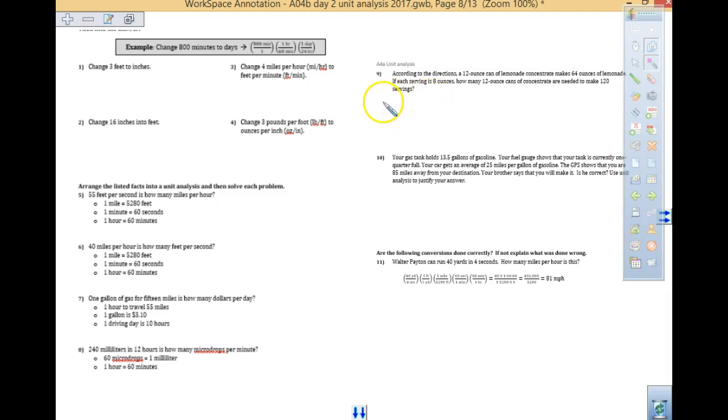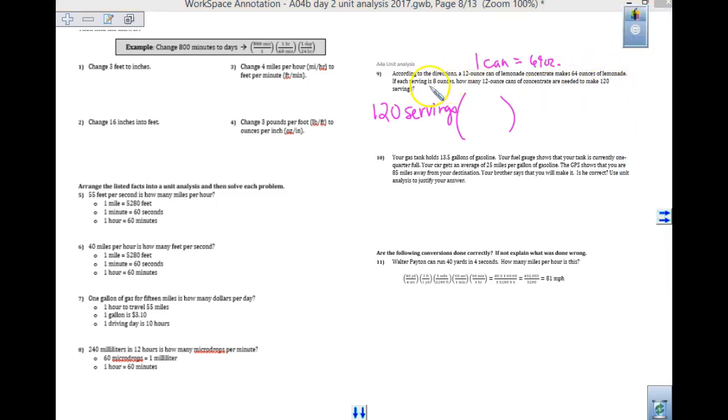So I started this one, and I said, okay, I know 120 servings. And if I'm going servings, I know that 1 can was equal to 64 ounces. And the other thing I knew is that 8 ounces was a serving.